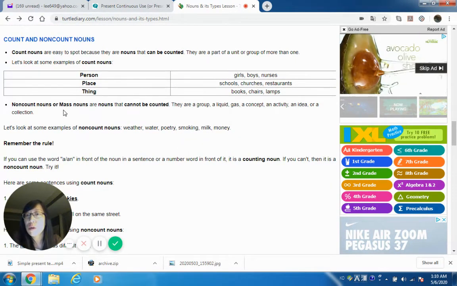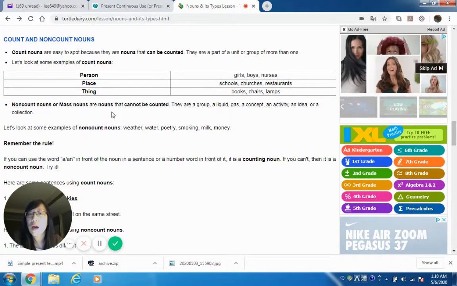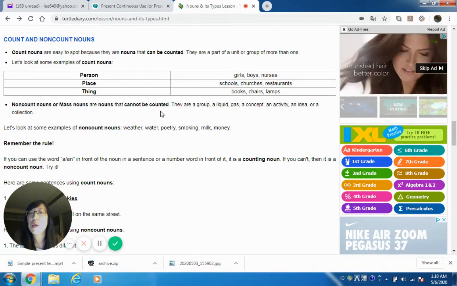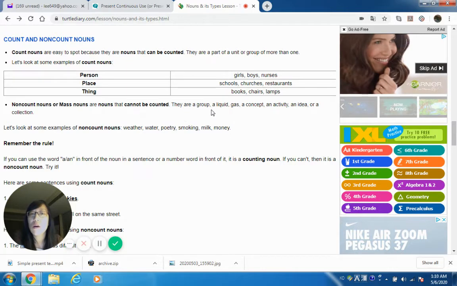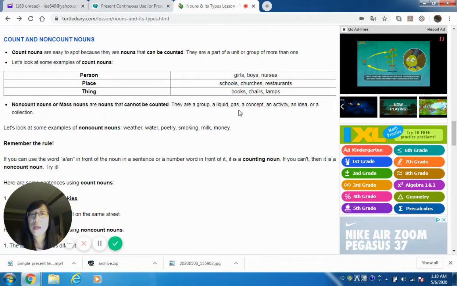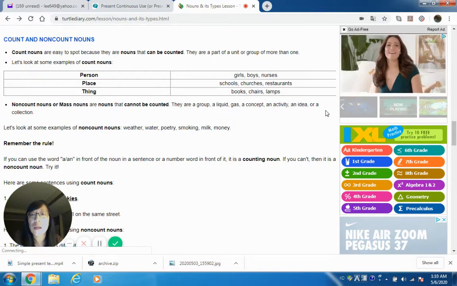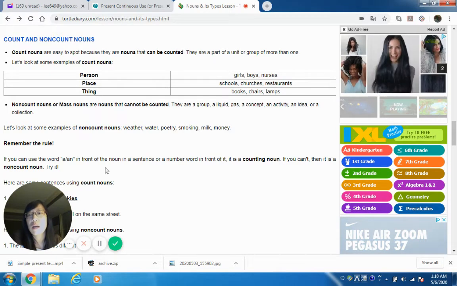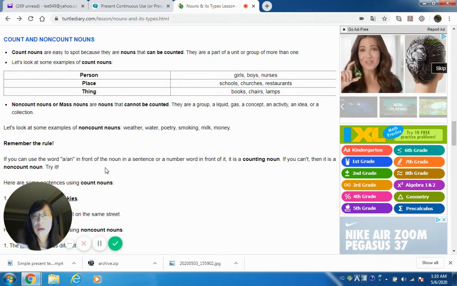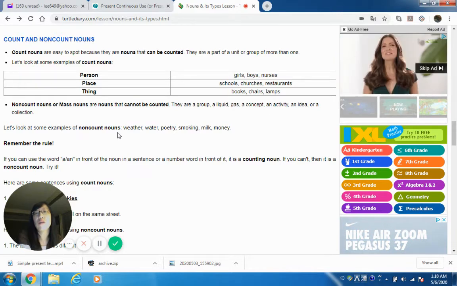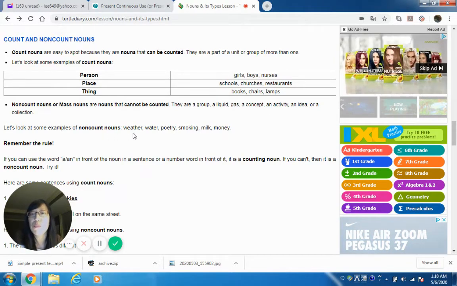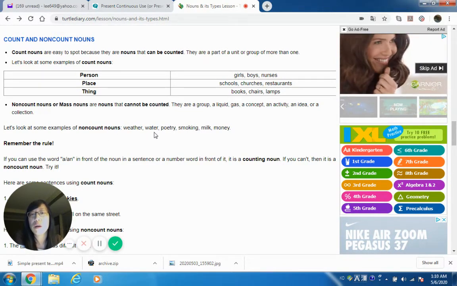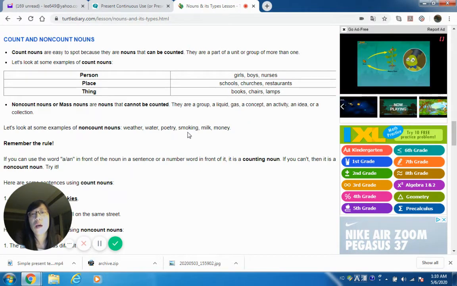Non-count nouns or mass nouns are nouns that cannot be counted. They are a group, a liquid, gas, a concept, an activity, an idea, or a collection. These are non-count. And examples of non-count nouns or non-countable nouns would be weather, water, poetry, smoking, milk, money.